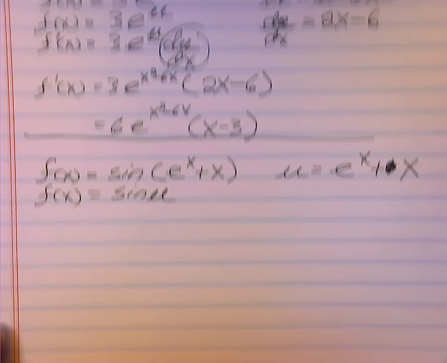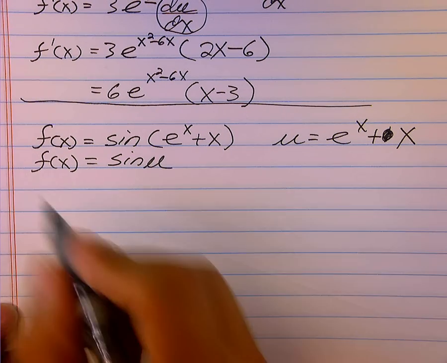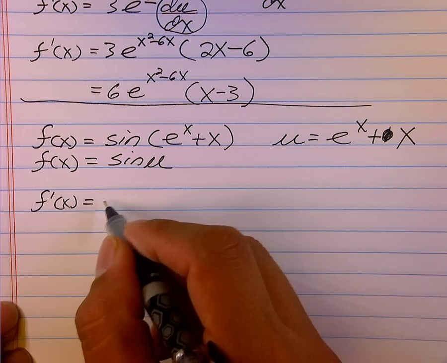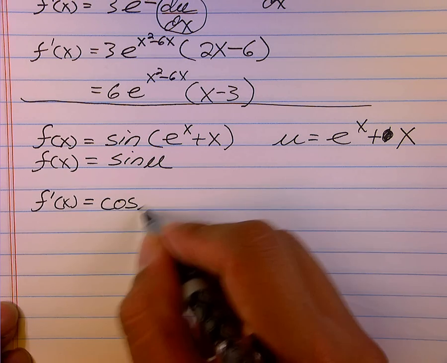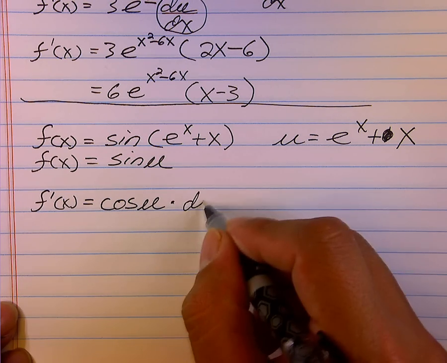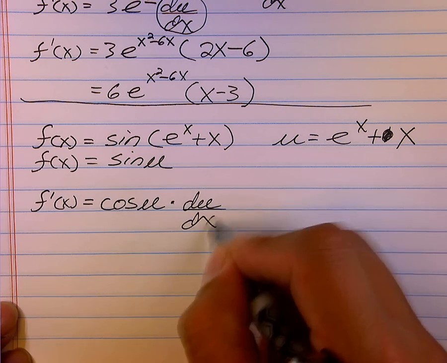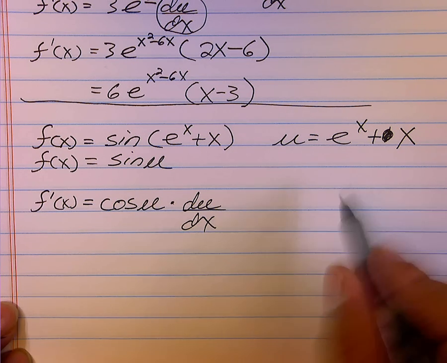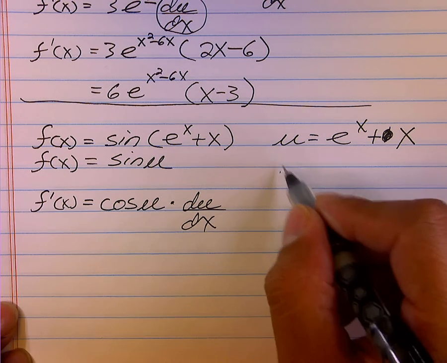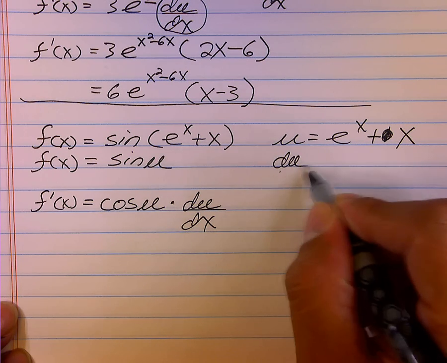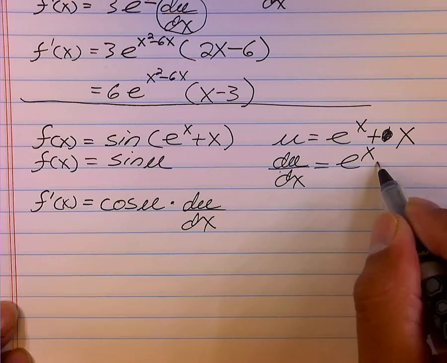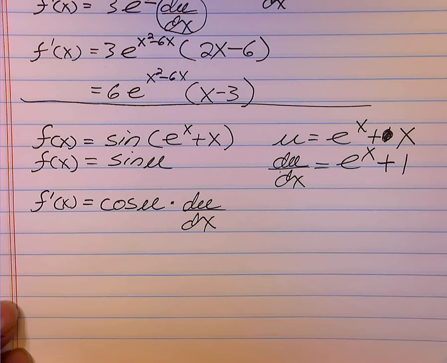So when I take its derivative, f prime of x is going to be cosine of u times du dx. So du dx is e to the x plus 1.